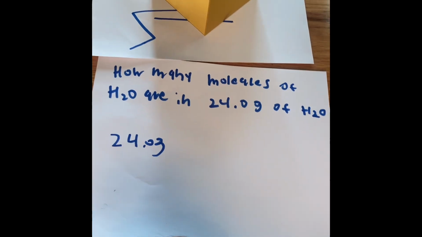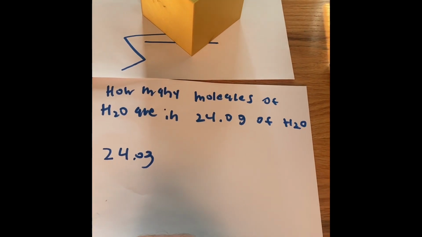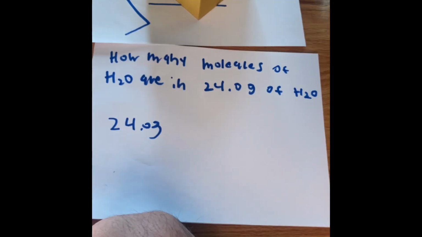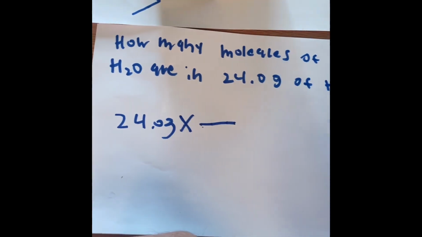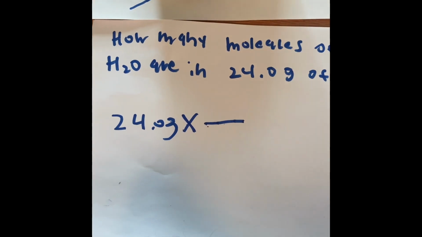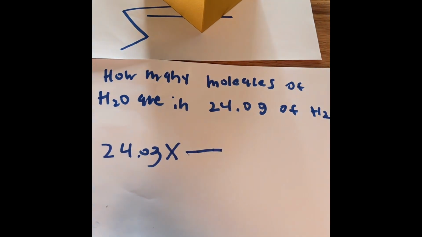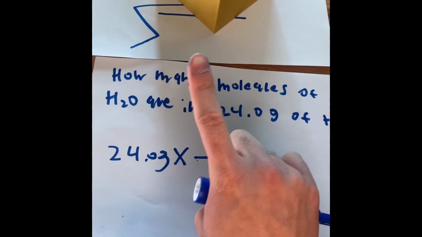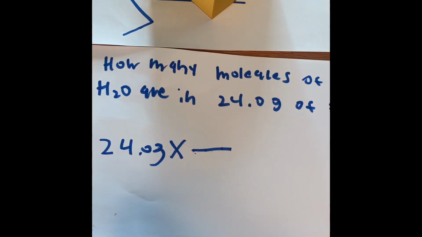There's going to be some dimensional analysis because we have to switch from one thing to another, so we multiply by something and divide by something. When it says 24 grams, we have to find what the mass of water would be if it had 1 mole, because we're trying to find how many molecules are in H2O.